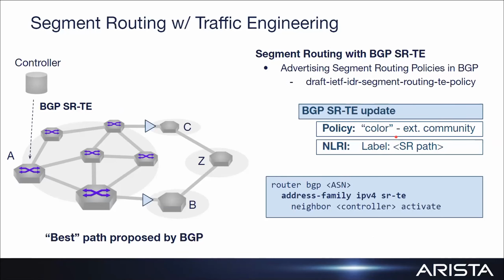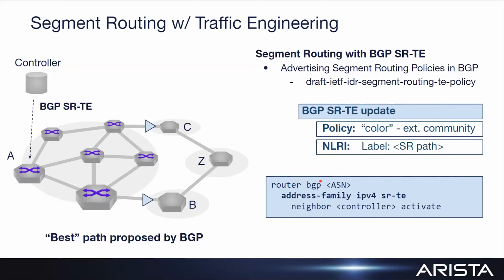This policy is described as a color, which is in fact an extended community attached to the BGP advertisement. BGP SRTE is enabled using yet another dedicated address family under the BGP process.